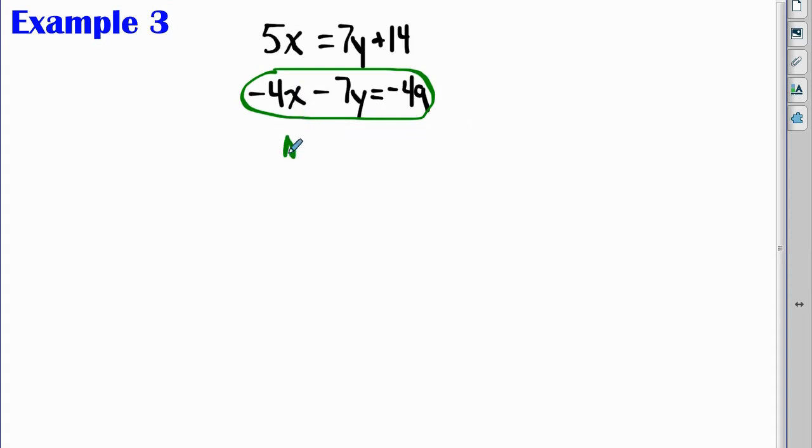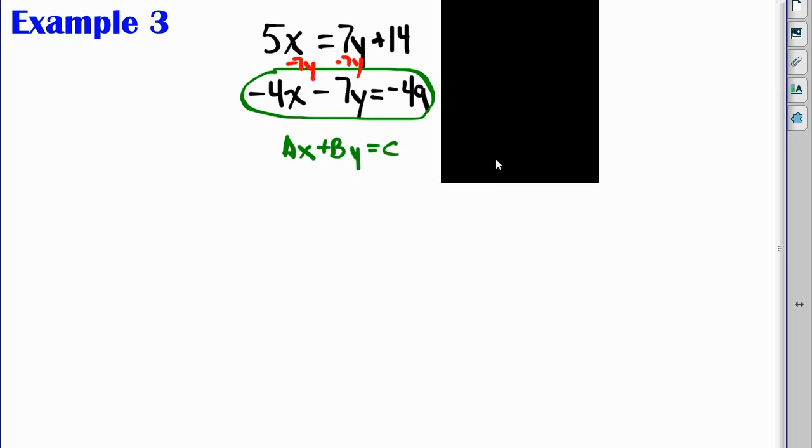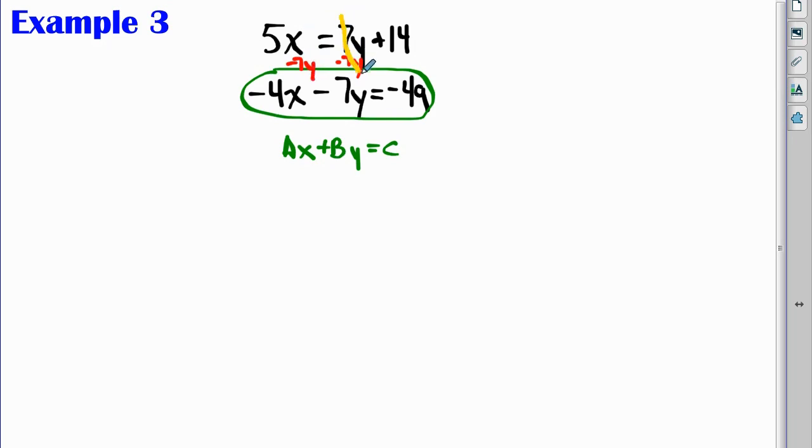Remember, ax plus by equals c. So I'm going to try to get this top one in that same form. The issue is this y term is on the wrong side. So if I subtract 7y from both sides, the y term will cancel on the right.